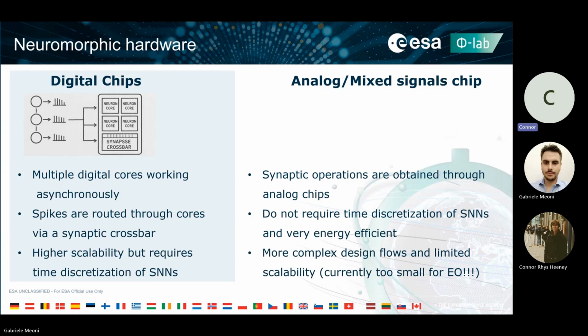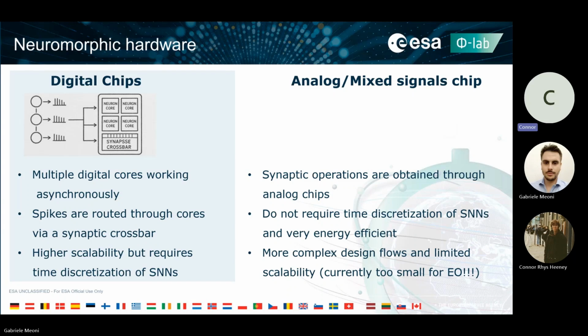The crossbar distributes the spikes among the cores, so you have a very asynchronous system where the spikes are distributed over the cores when needed. The crossbar is simply a communication network among all the cores. Since you are transmitting spikes and not entire activation functions, for instance, the network can be very fast because you're just transmitting one spike for each output of a neuron.